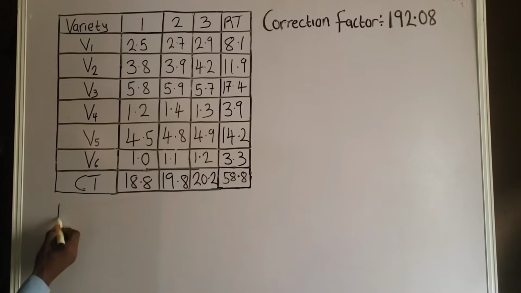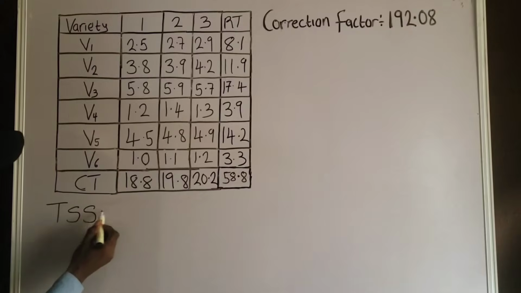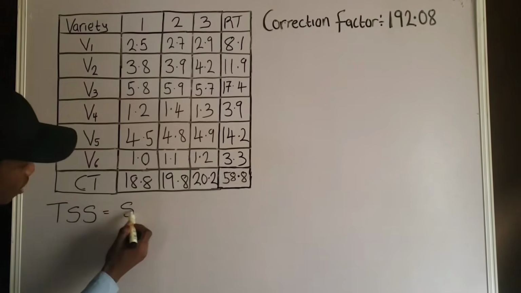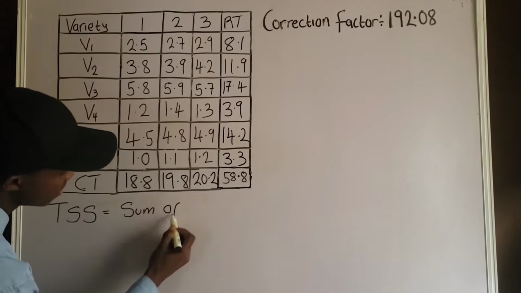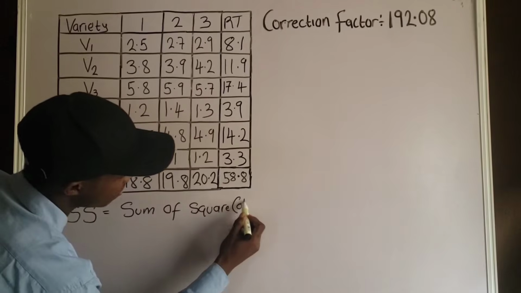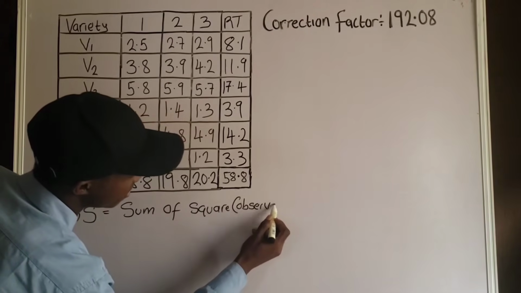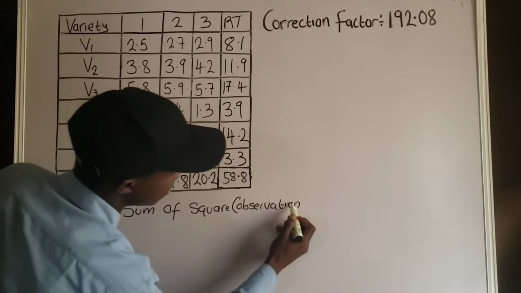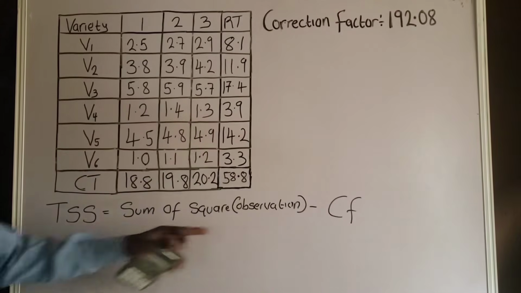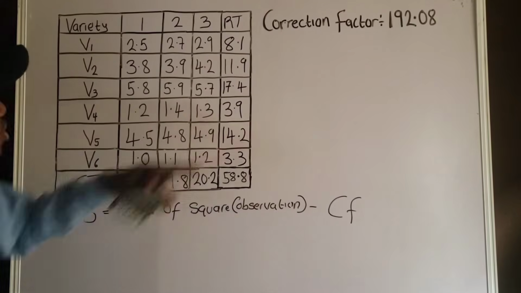After getting the correction factor, the next step is to calculate the total sum of squares. The total sum of squares, TSS, is given by this formula: the sum of the square of each observation minus the correction factor.